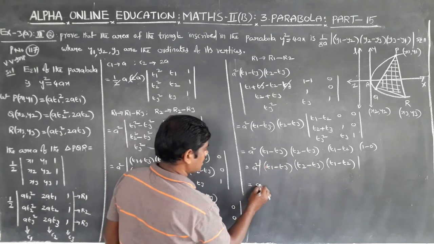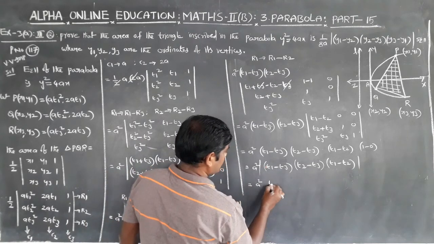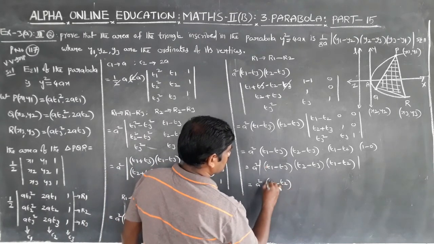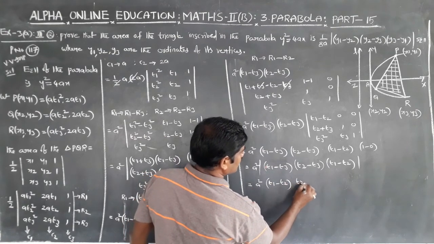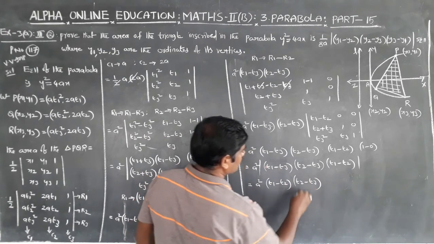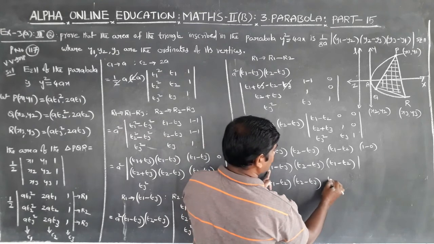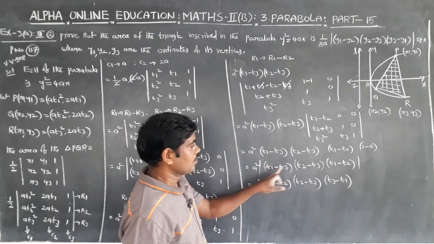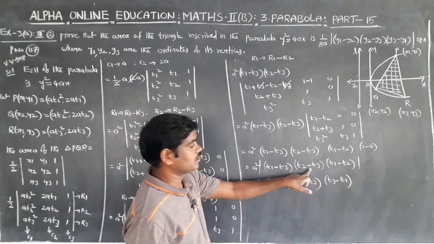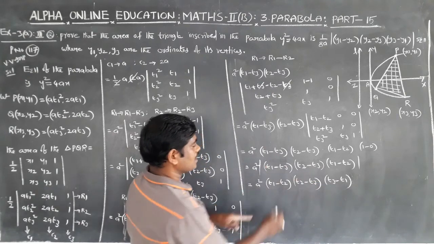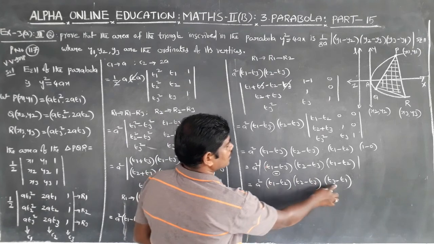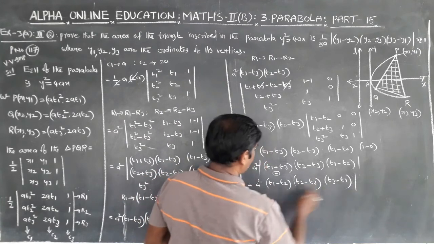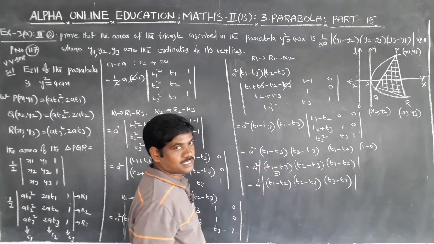Write down orderly. T1 minus T2 into T2 minus T3. Here common minus T3 minus T1. T1 minus T2, T2 minus T3, here minus common, T3 minus T1. Mod minus means plus.